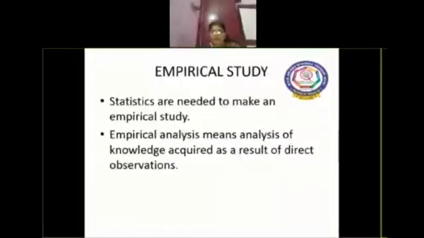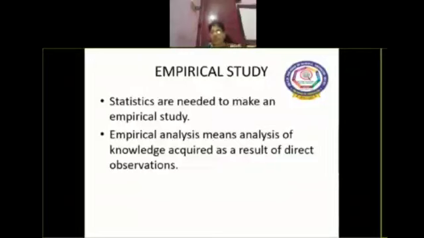Next one, empirical study. Empirical study means studying through direct observation. So statistics are needed to make an empirical study. Empirical analysis means knowledge acquired as a result of direct observations. For example, as you are a student, if you go for admission anywhere, definitely they will be collecting some information about you, isn't it?